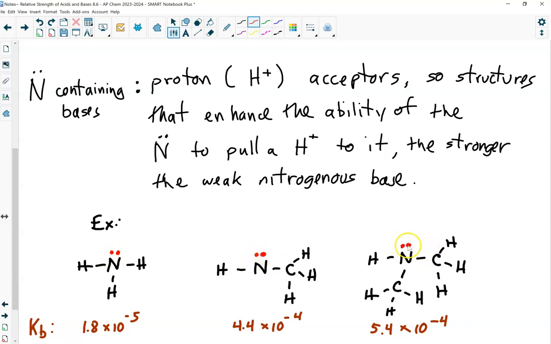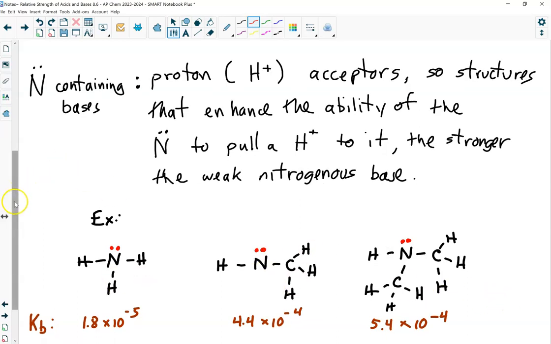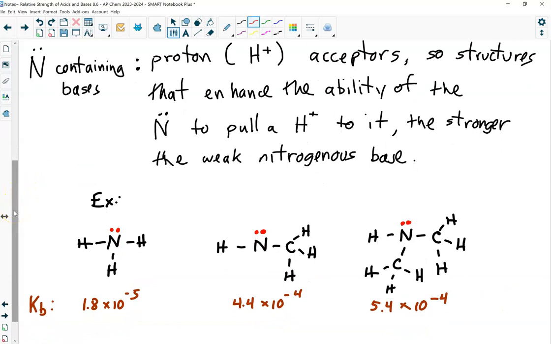Okay? And so what would make a weak base stronger would be to have a greater ability to pull a hydrogen to it, okay? And in a sense, it looks like, and this is not quite as clear cut as with acids, so which one of these would have an ability to pull electrons to it?